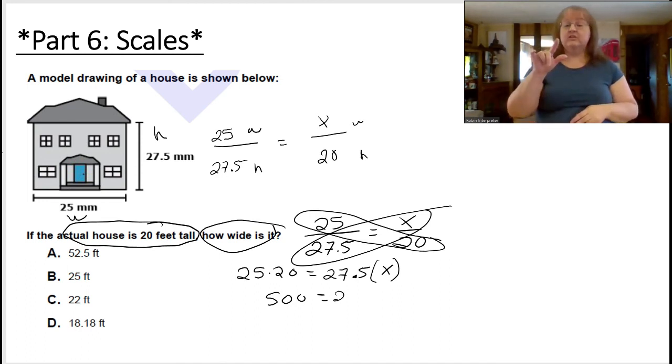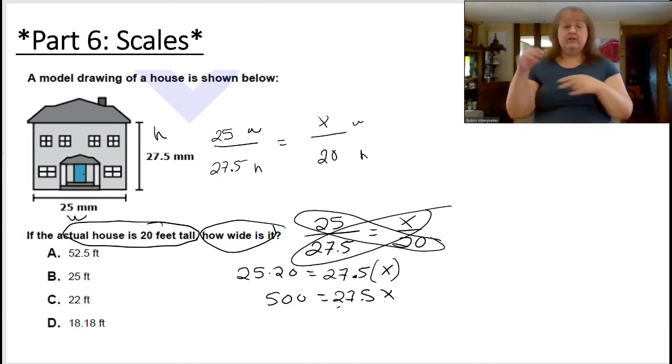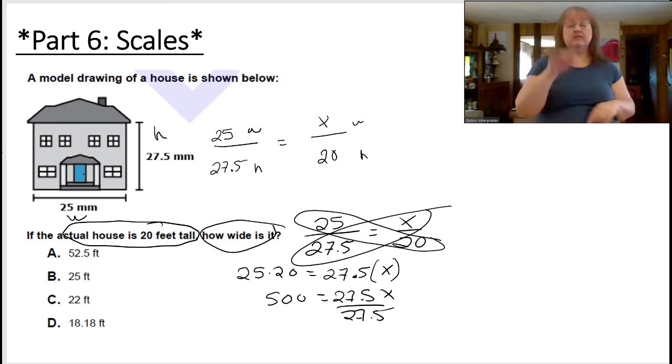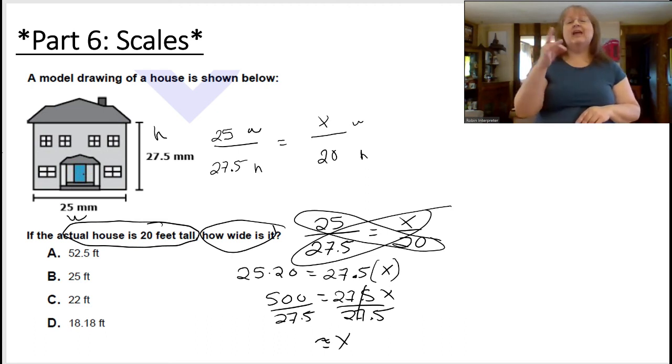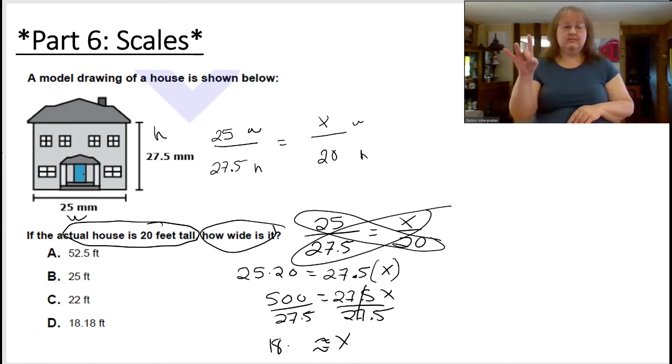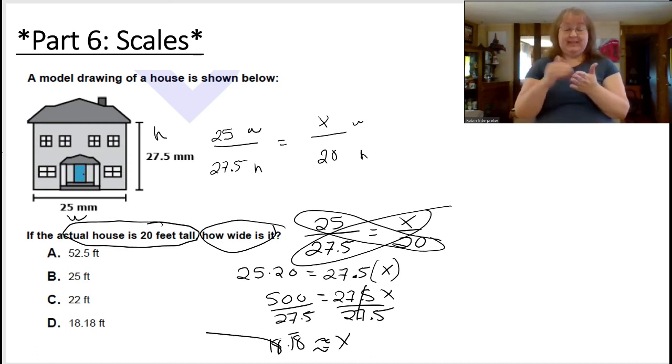Then I have 27.5 times x, divided by 27.5 on both sides. So x equals 500 divided by 27.5, which is approximately 18.18. It's repeating right there.